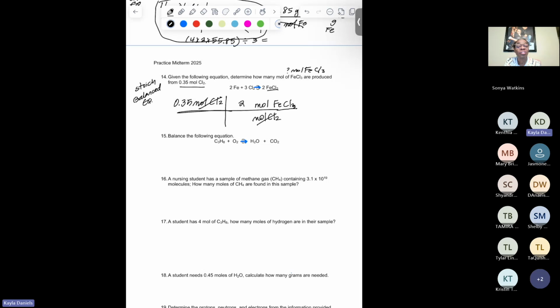So this time I need to make sure I put 2 here because that's the coefficient for that, and 3 on bottom. Now I'm into moles of FeCl3, which is what I want my desired units to be. So I'm going to do 0.35 times 2. That's 0.7 divided by 3. 0.23 moles of iron chloride.